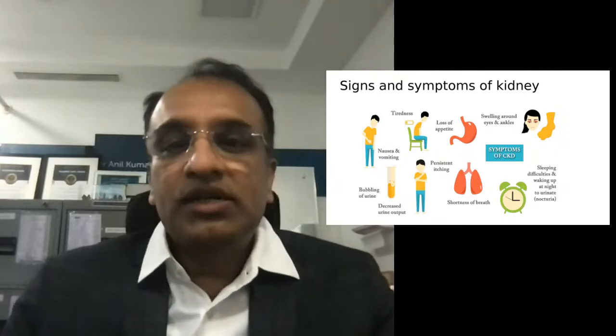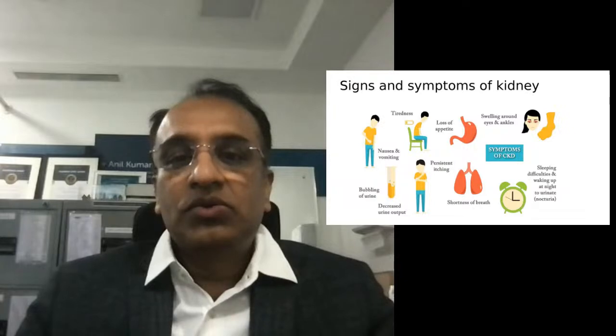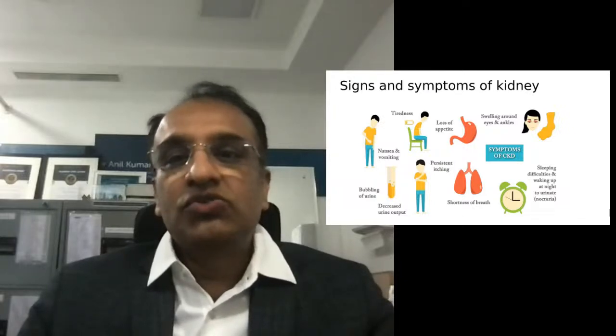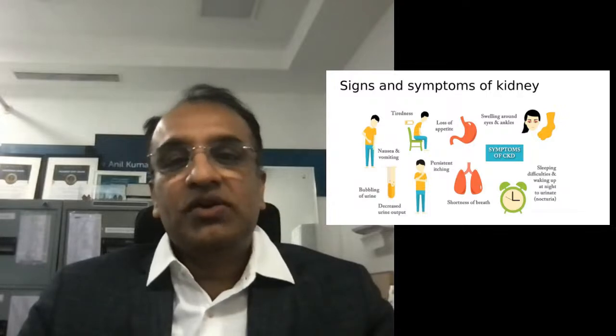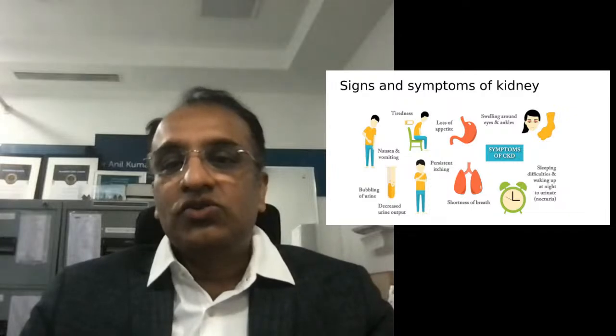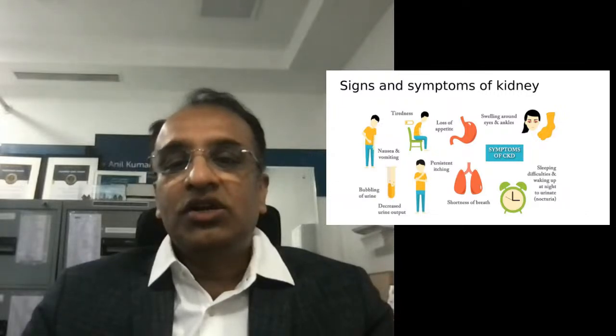The symptoms and signs usually come in the later part of the disease, usually when they reach stage 4 or stage 5. During this time, the common symptoms are swelling of the feet, usually around the eyes or ankles, sleeping difficulties, and passing more urine at night, which we call nocturia. Patients have itching all over the body.